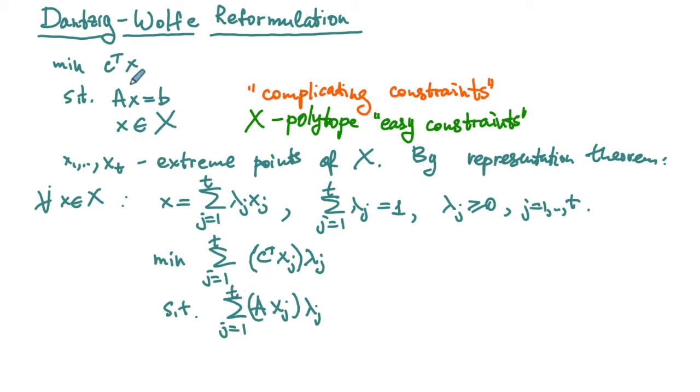This is for the left-hand side of this constraint, and the right-hand side remains b. And finally, the fact that x belongs to the set X capital is described by these conditions that we have on lambda j's. So the summation of lambda j's for j between 1 and t is equal to 1, and then lambda j's are all non-negative for j between 1 and t.